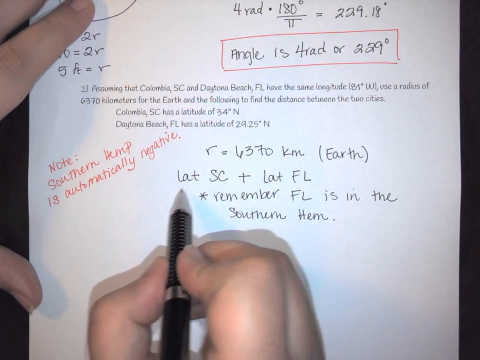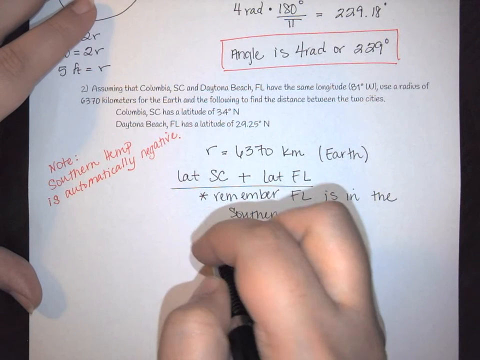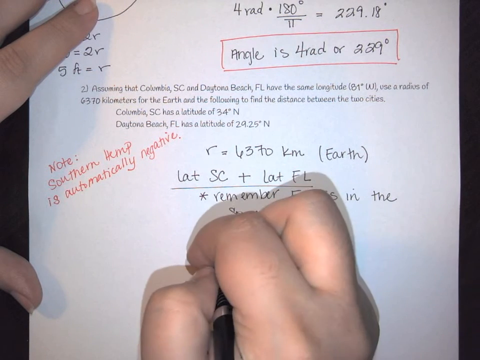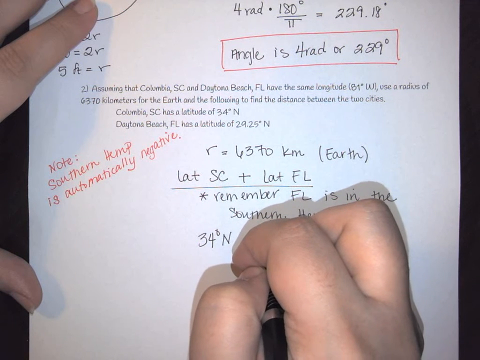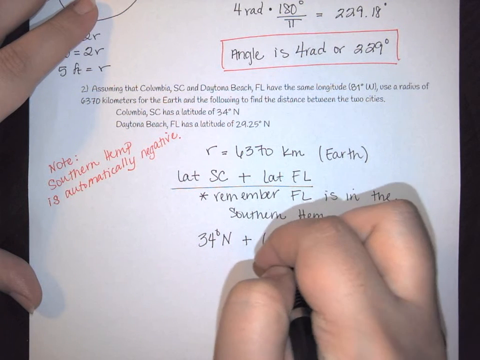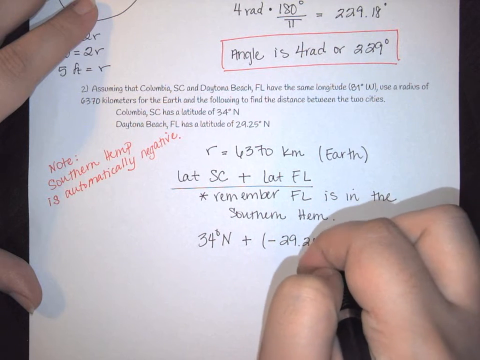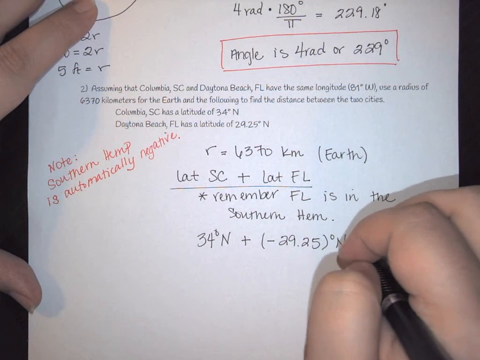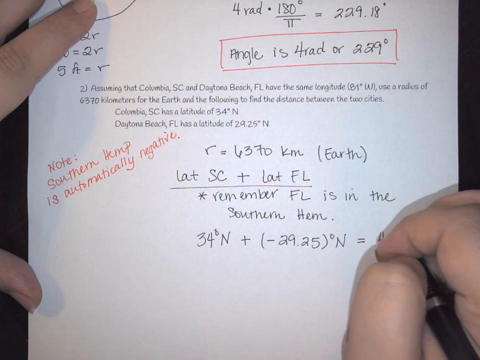So here we have to be able to combine these together. So in order to do that, we have South Carolina, which is 34 degrees, and we're doing north. We are adding this to my negative 29.25 degrees north for Florida. And this is actually going to give us an overall of 4.75.